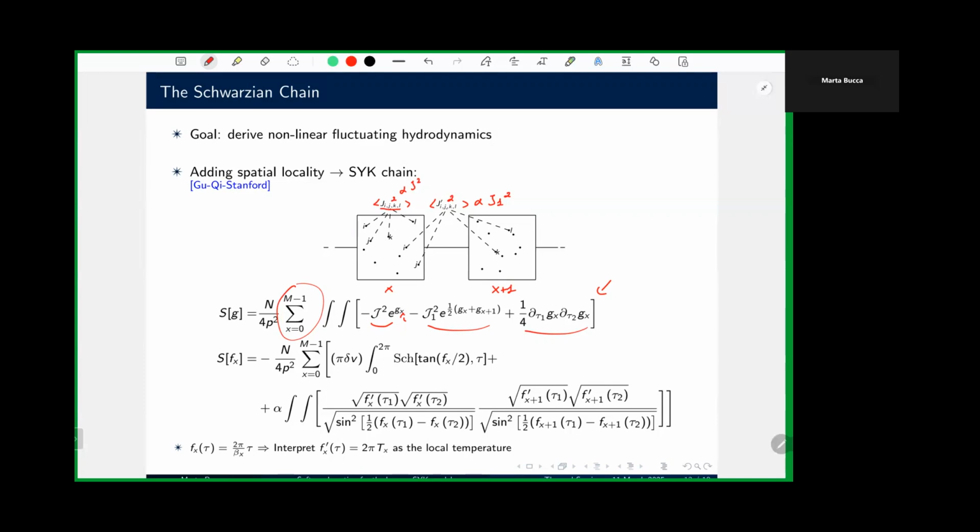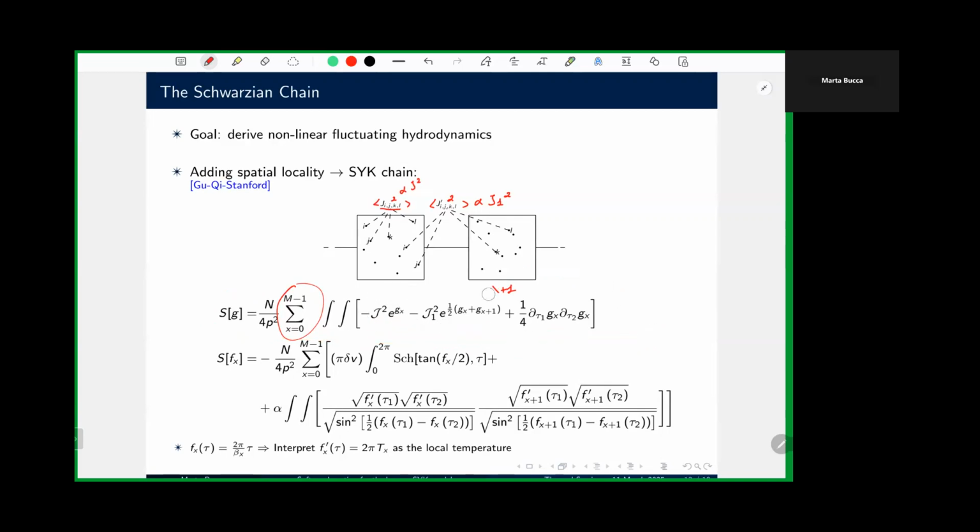And the nearest site coupling that we have is simply a bulk operator. For the other derivation, what you do is you take the configuration that we've built, so the ansatz that we wrote down, and you plug it into this action that we have here, and you then compute.